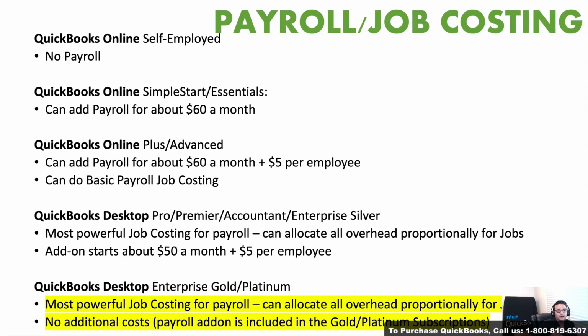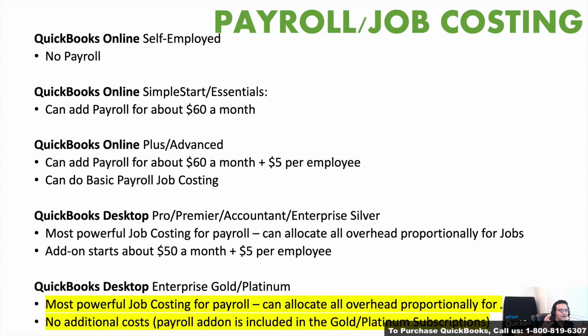Now, one of the really heavy-duty features here is managing job costing for contractors, construction-type companies, and any company managing projects where they want to know their payroll costs per project or per department. Not only the payroll costs, but also what's called the burdened payroll costs.